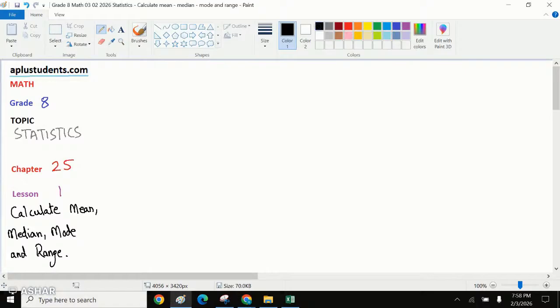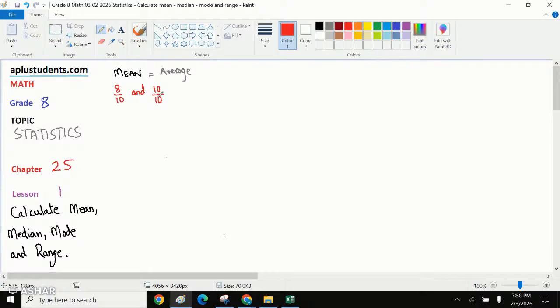So in stats, we have a mean. The mean means average, okay? So if you have two tests, let's suppose you got 8 out of 10 and you got 10 out of 10, right? You need to find the mean or the average.